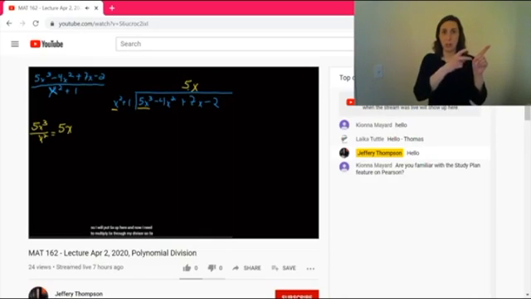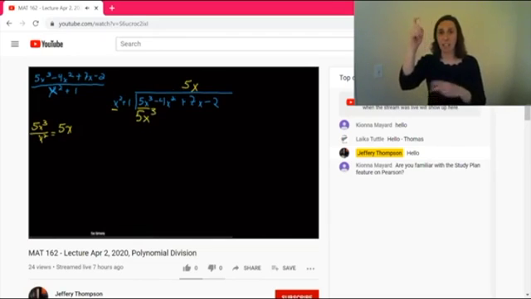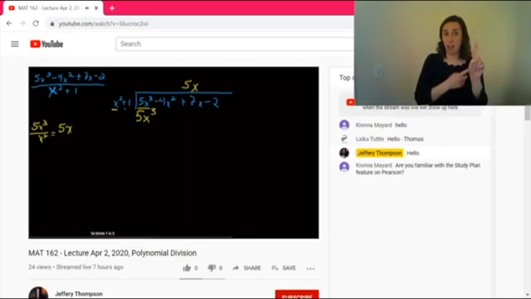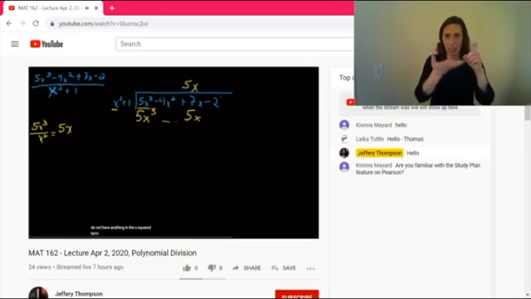So 5x times x squared is 5x cubed. 5x times 1 is 5x. Notice the gap. I do not have anything in the x squared term. Your book, I think, writes in 0x squared.